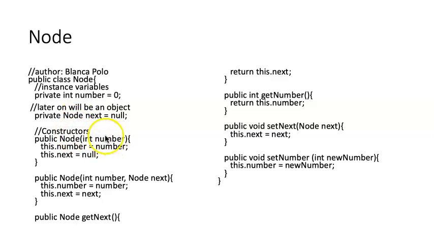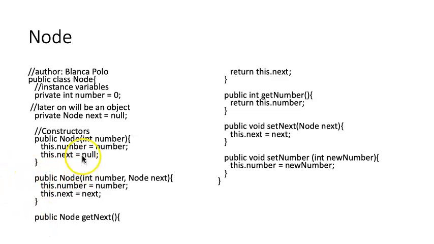The constructor will take the data, which in this case, again, is a number, and it's just going to make this particular node, and the reference to the next node is going to be null. So basically, it's just going to create a single node that is standalone.